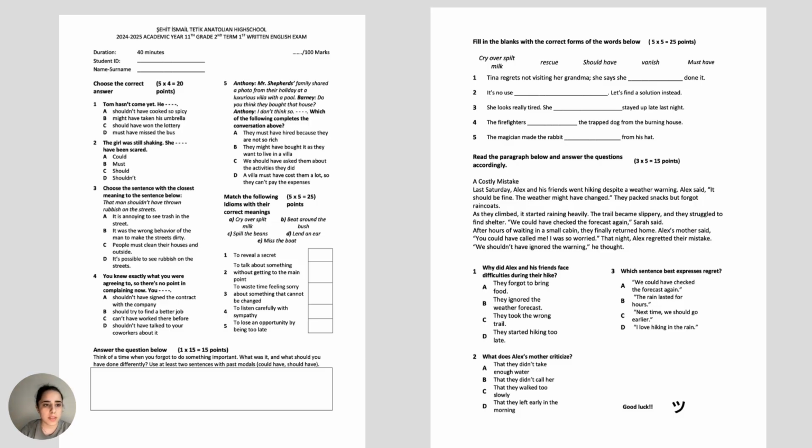It starts with the name of the school and the term and which type of English exam it is, and the time is here, and the student's ID, their name, surname, and the total mark out of 100. I write right here, and then we start with five multiple choice questions here, and then we have a matching activity under it.